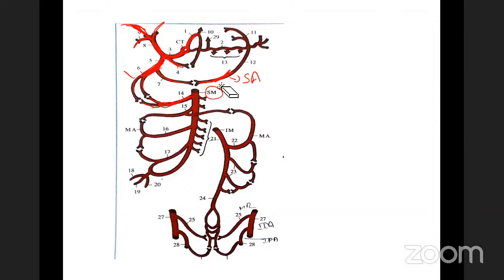Now we will trace the branch of the splenic artery. The splenic artery is very tortuous and largest branch. It gives rise to several pancreatic branches. It gives rise to short gastric artery. It gives rise to hilar branches. And it gives rise to the left gastroepiploic artery. So these are the branches of the celiac trunk.